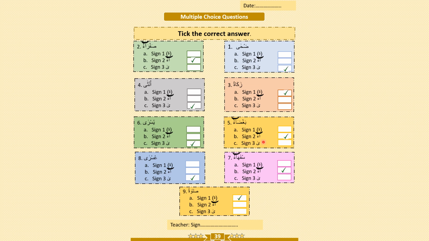Baghda'u, sign 2, alif mamduda. Yusra, sign 3, alif maqsura. Sufaha'u, sign 2, alif mamduda. Usra, sign 3, alif maqsura. And number 9, salatun, ta marbuta, sign 1.